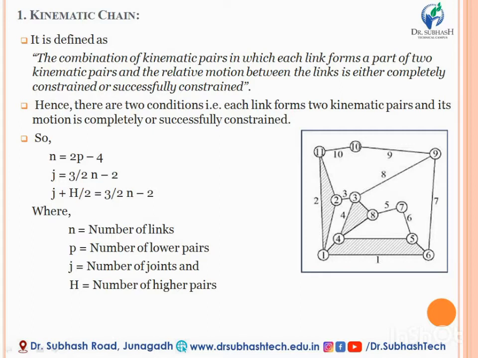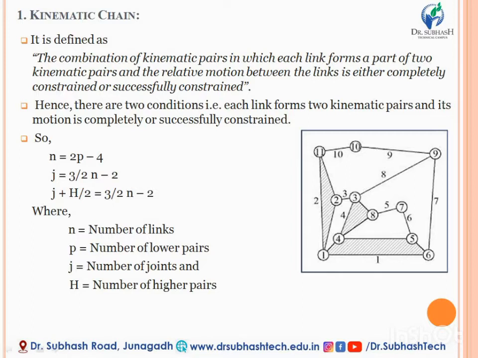Suppose you are given a mechanism with four links, and each link satisfies the two conditions, formation of kinematic pairs and relative motion. Of course we can say that it is a kinematic chain.